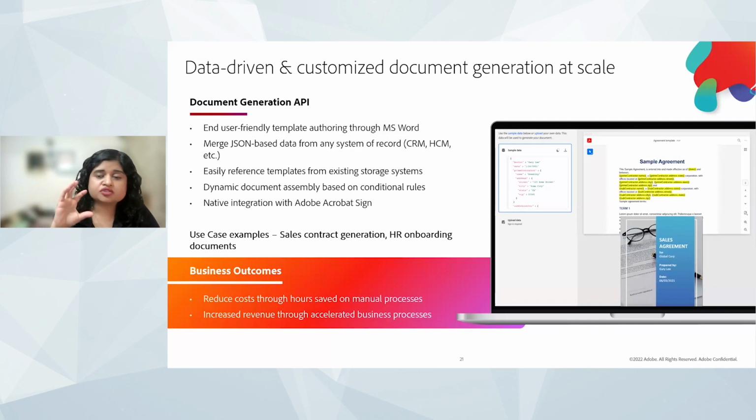Suppose a particular contract is for the US, you can ensure that the US guidelines are in that particular document. And if the contract is for India, with conditional text, you can have Indian guidelines in that particular contract.